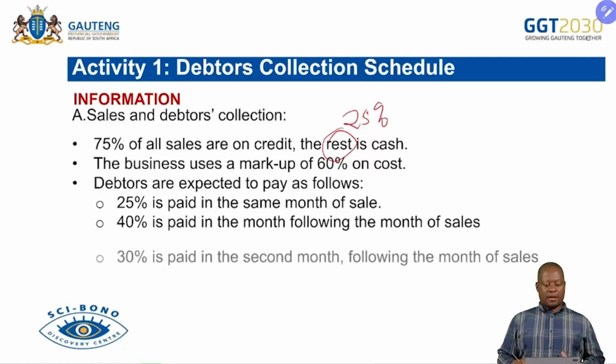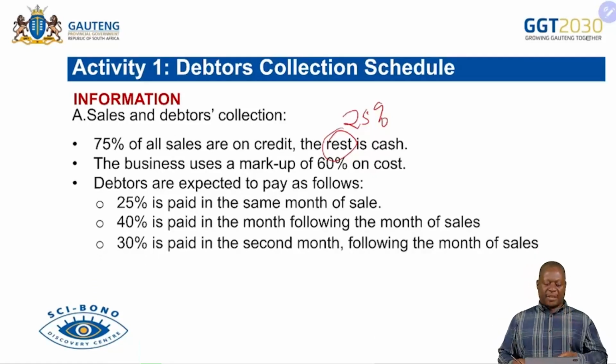And then they are also saying 30% is paid in the second month following the month of sale. What does that mean? It means sale in January, you are not going to receive this 30% until March. So we are saying you receive 25% in January, 40% in February, and then 30% in March.